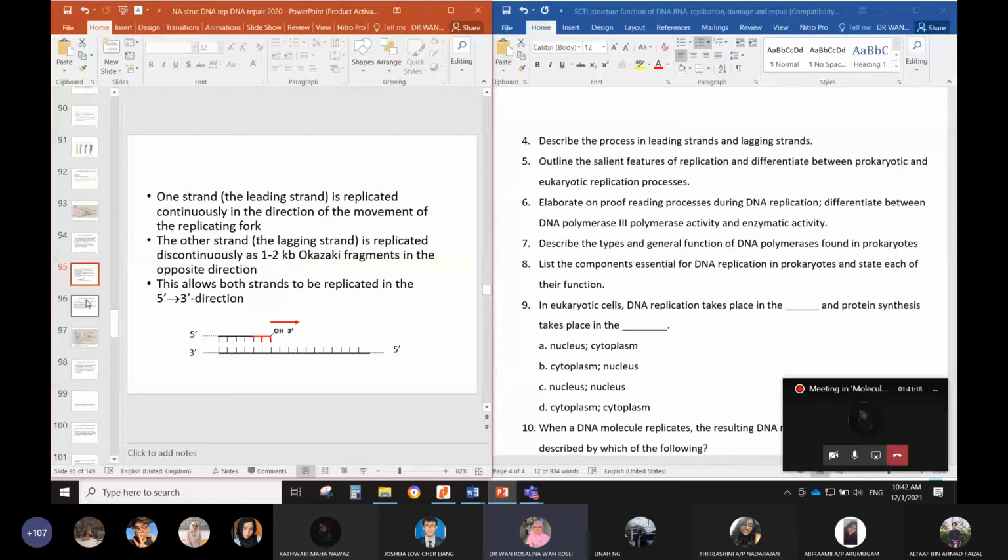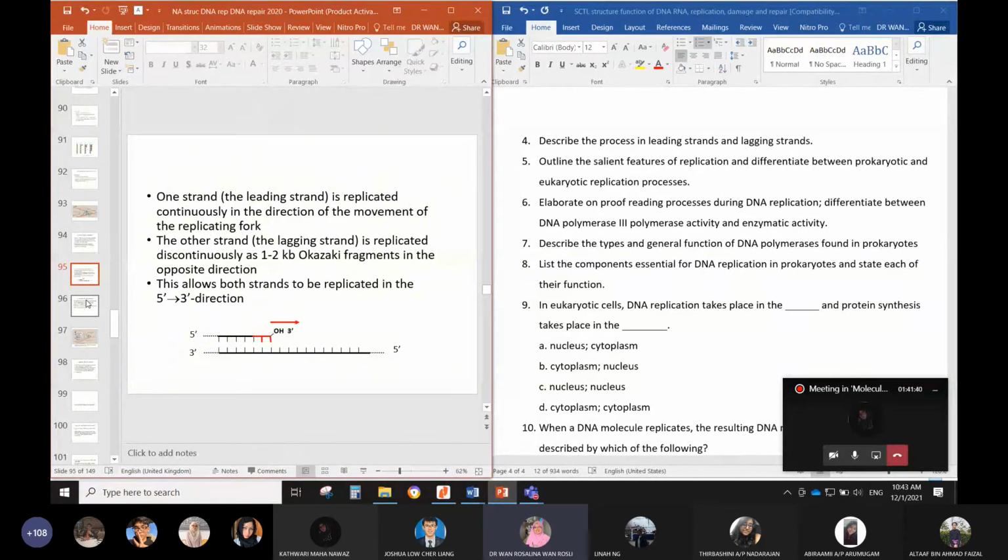When you open up the DNA, you have two strands to replicate. You don't only focus on one strand. One of them would be 5' to 3', another one 3' to 5', so the complementary strand that is synthesized would be the opposite of that.